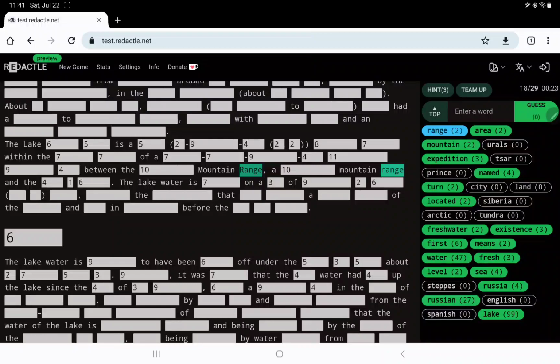The lake water is something on a something of 9-6. Again, some dimensions. 8 to the 11, that 4-7, a 6-6 of the something before the something.